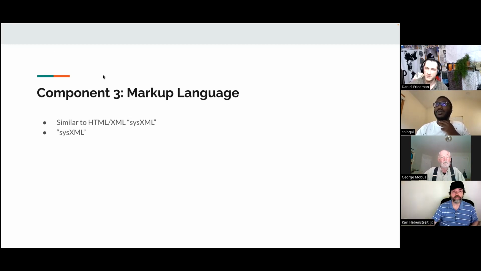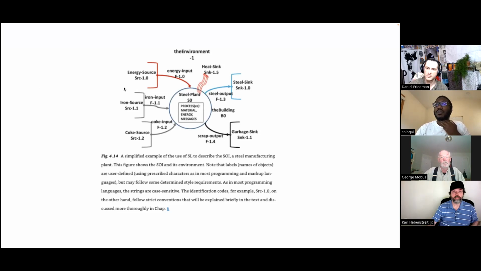Okay, so in the textbook, the example of a basic model of a steel plant is used to show how this might work out in practice. And it is emphasized that there's a lot of research to be done to make this into reality. And this is just designed to give a sense of how it might work. So you have a steel plant as the system of interest.